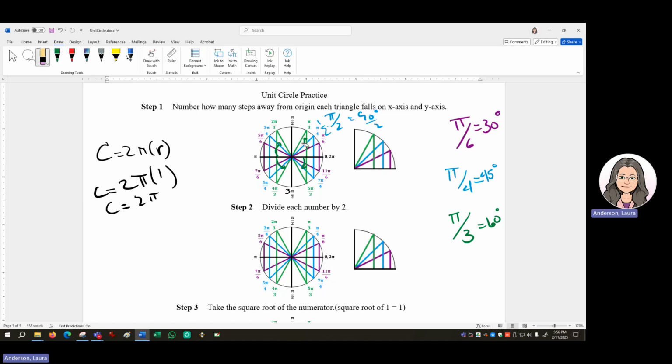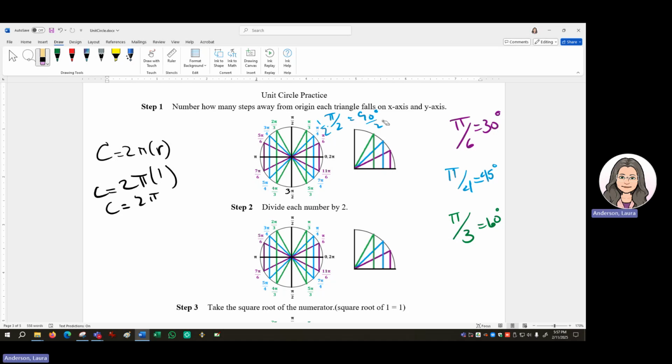The way it works is all of the angles that are 60 degrees from the x-axis have the same value as this first angle that is 60 degrees from the x-axis. All the angles that are 45 degrees from the x-axis have the same value as this 45-degree angle. And all of the angles that are 30 degrees from the x-axis have the same values as the 30-degree angle.